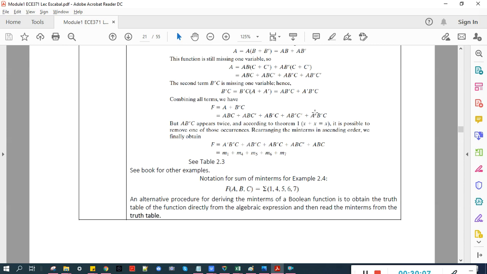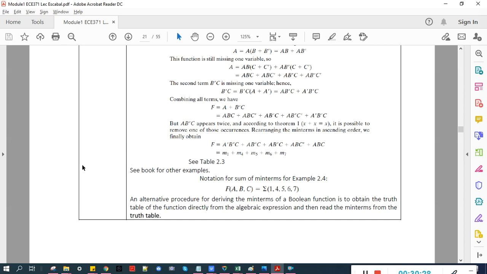A prime B prime C is 0, 0, 1, so that's m1. Not this one, but 1, 0, 0, so that's AB prime C prime. This should be AB prime C prime, so 1, 0, 0 for m4.